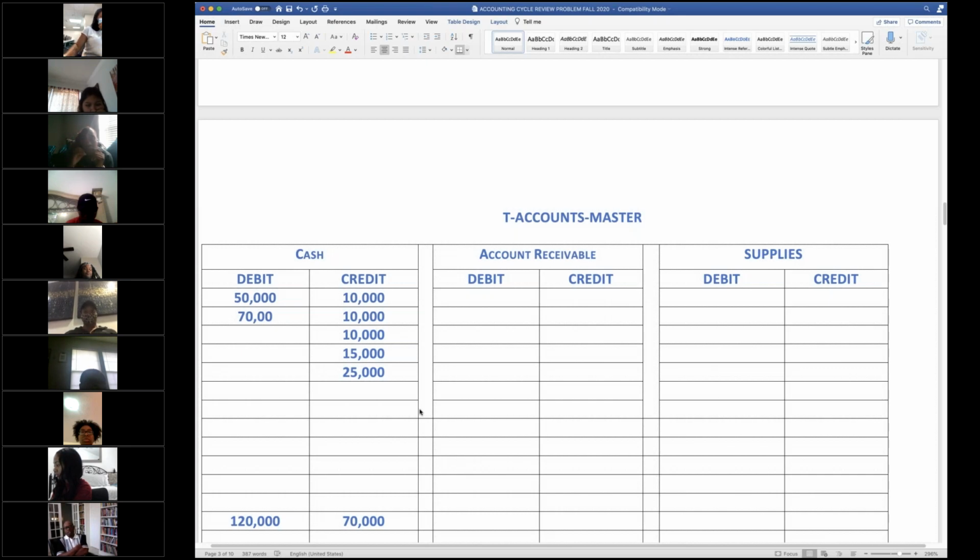What's the first instruction you have in terms of what's required? Post beginning balances. Yeah, I did that. So am I adding those to the journal entries that I just did?